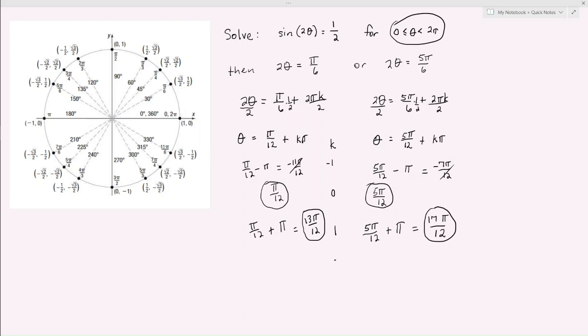Now let's bump k up to 2. So if I take pi over 12 and I add 2 pi, a full rotation, that's going to be 25 pi over 12.